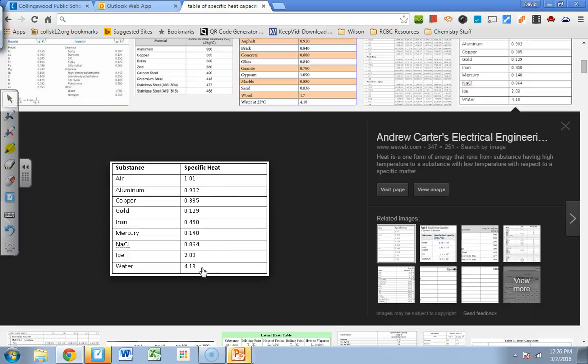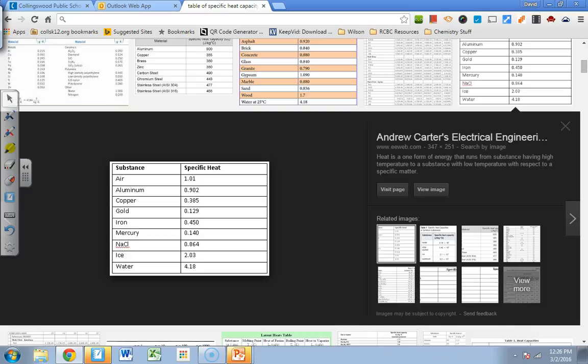Water takes the most amount of energy to raise 1 gram of it by 1 Kelvin. Notice that the metals here are all much smaller than water's specific heat capacity. Aluminum is 0.9. Copper, gold, they're all very small.